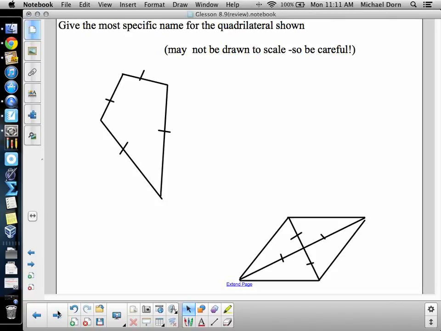Let's think about this. The diagonals clearly are bisecting each other, right? This point is the midpoint of both diagonals. That means it is some type of parallelogram. And the diagonals are congruent, so that's a rectangle. Okay? That is a rectangle. So, again, looking at the facts and using the facts to make a deduction about what kind of shape it is. We got to know our rules. That's the big trick.